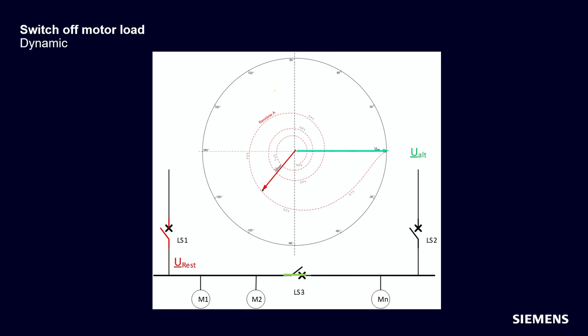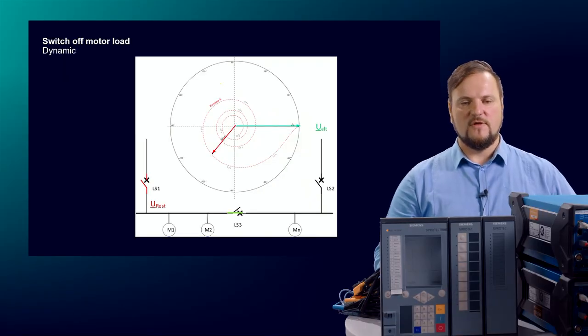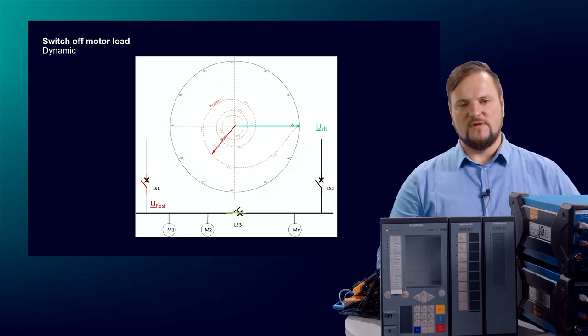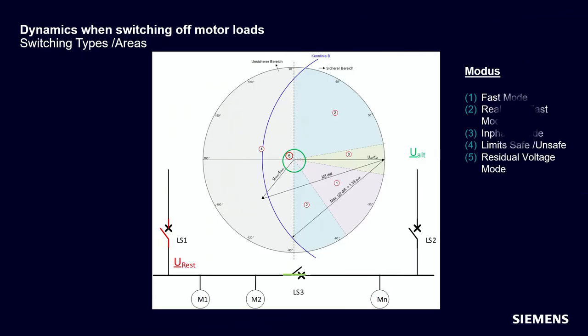Frequency and voltage go down on the motor bus, and the phase angle gets bigger and bigger between the alternative source and the actual residual voltage on the motor bus. And therefore, we have different possibilities to transfer the load from incomer 1 to incomer 2.